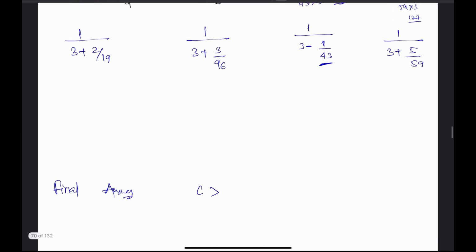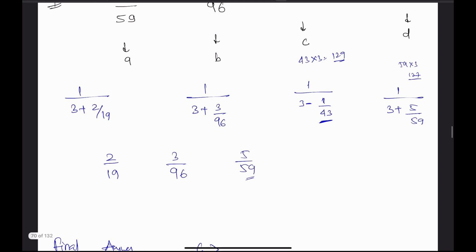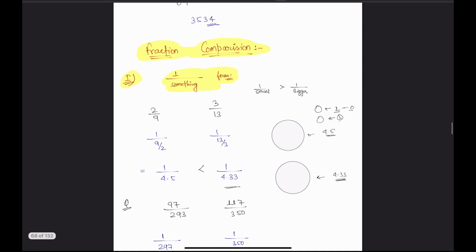Now our comparison is between 2 by 19, 3 by 96, 5 by 59. Whichever is the biggest over here, we have to understand again that it will be the same condition only.